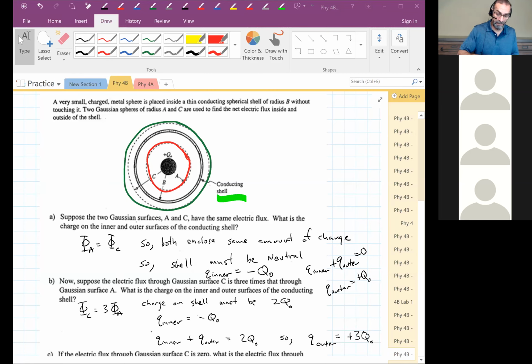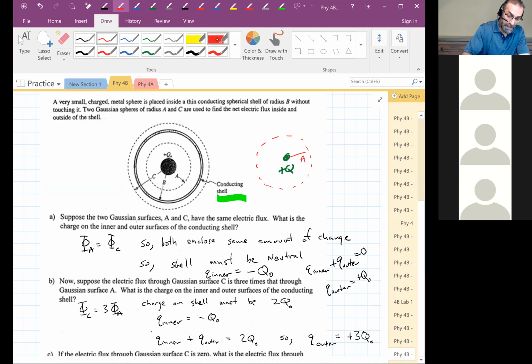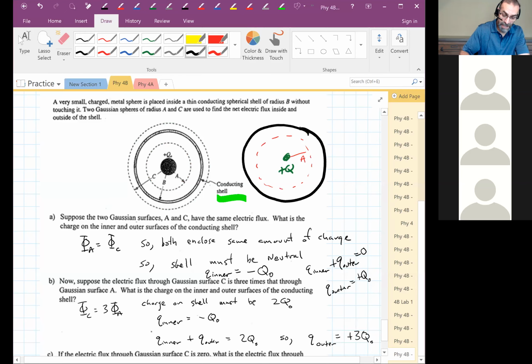Okay, so here we have, take a look at it later, but there's a charge, there's a Gaussian surface at A. Then there's a shell, a conductive shell. Let's use black here. A thin conductive shell.